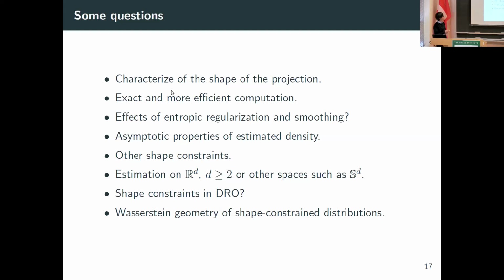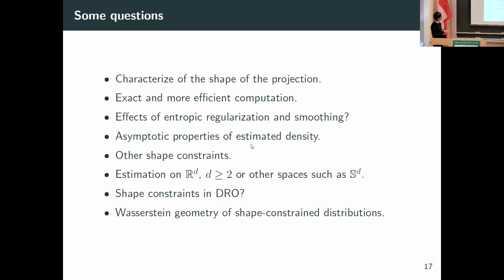Instead of projecting the empirical distribution, perhaps I can do entropic regularization, or I can first do some smoothing, like what was done yesterday. I can smooth the data a little bit before I do the projection. I have some results based on the Lipschitz property of the Wasserstein distance, but if I want to know more local properties, then I need other tools.